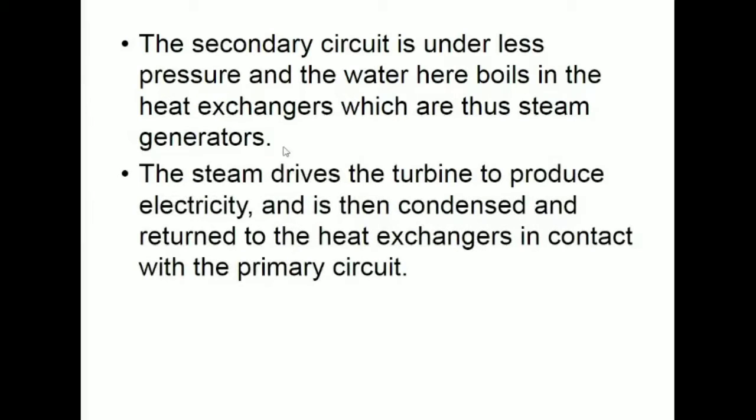Actually, the boiling point is increased by increasing the pressure of water in the primary circuit. The steam produced in the secondary circuit drives the turbine to produce electricity and is then condensed and returned to the heat exchangers in contact with the primary circuit.